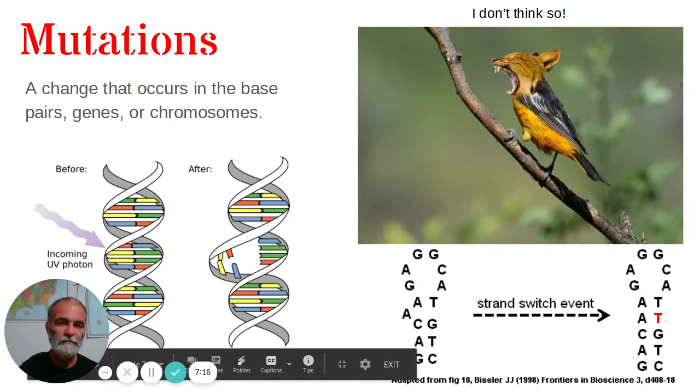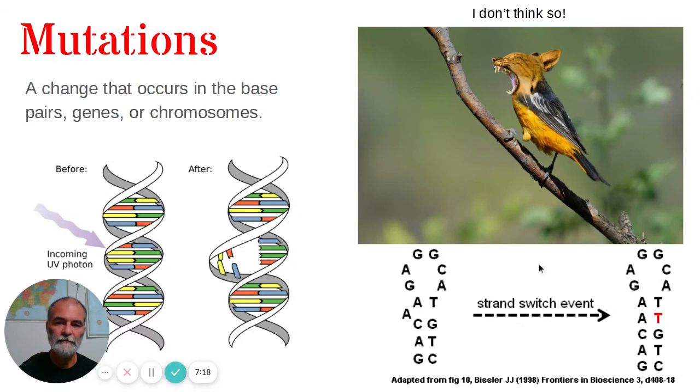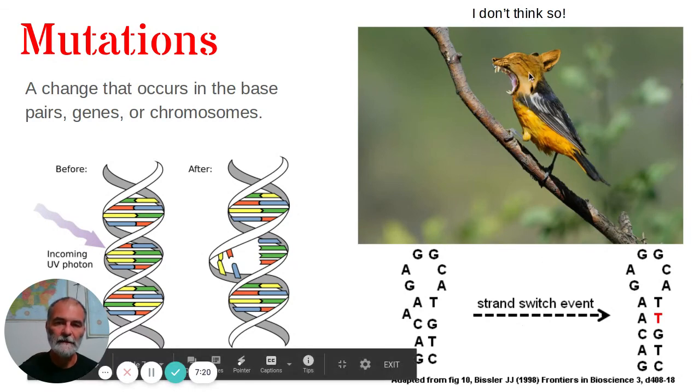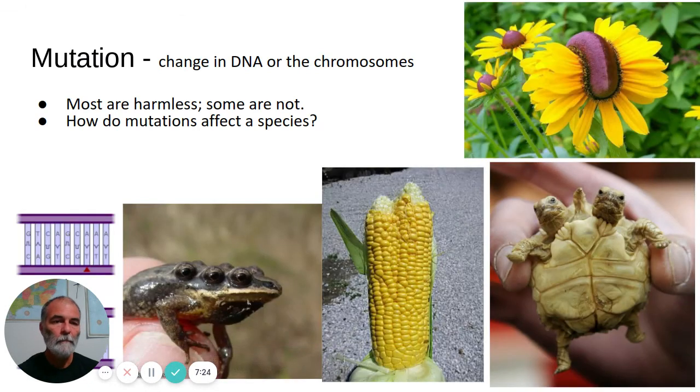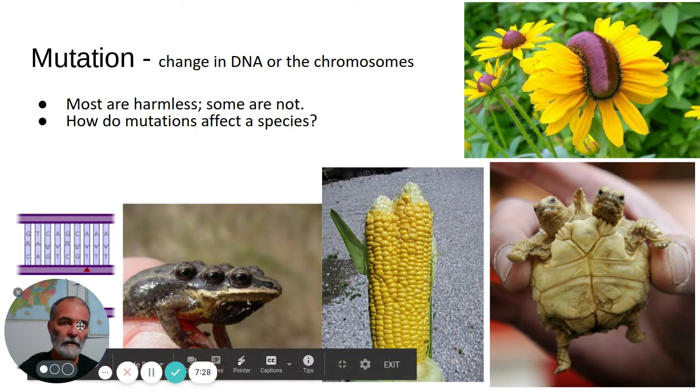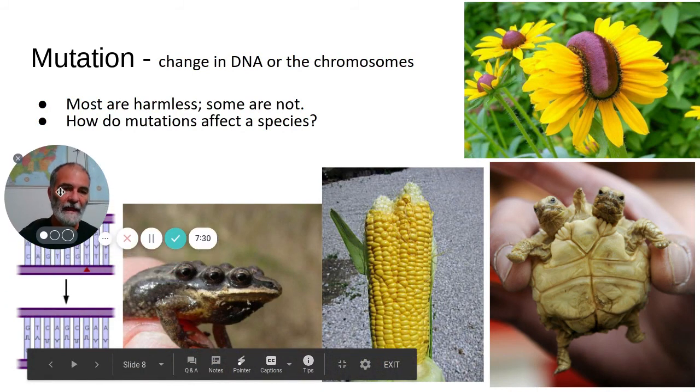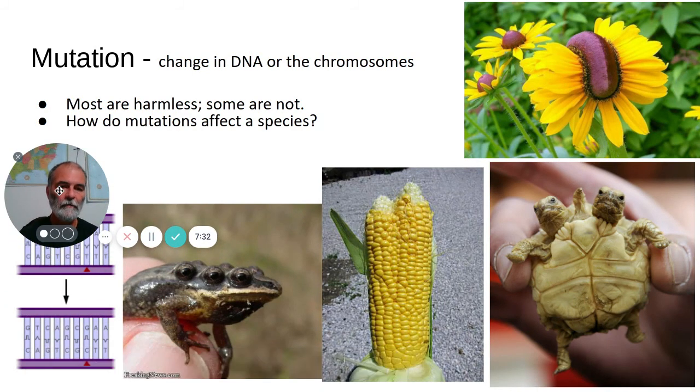It's just happening in a few of your cells. Most mutations are harmless, but sometimes they can be harmful. A lot of times when a mutation happens, the cell that was created in that mutation simply dies. But sometimes they are actually passed along. And so some of the traits that we currently have are there because of what once was a mutation.